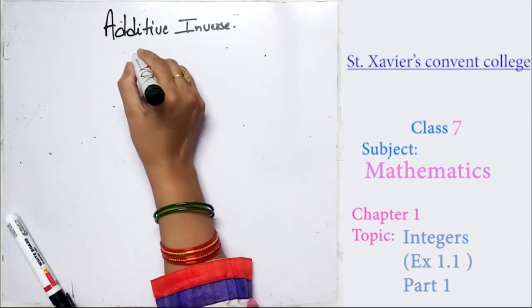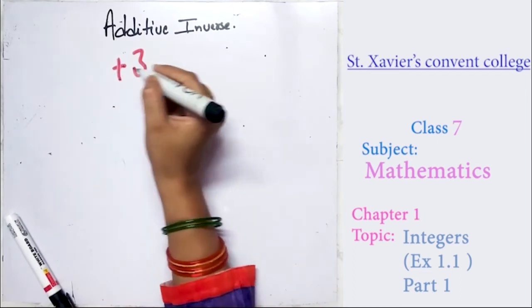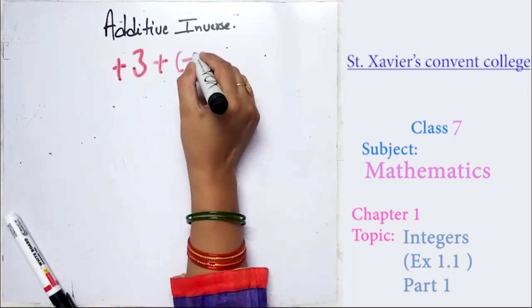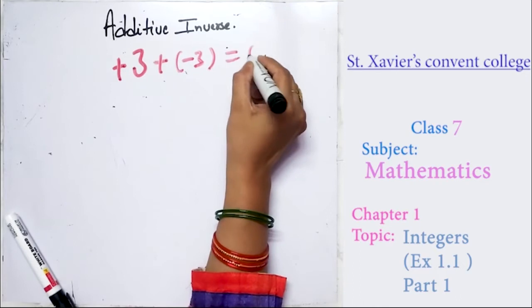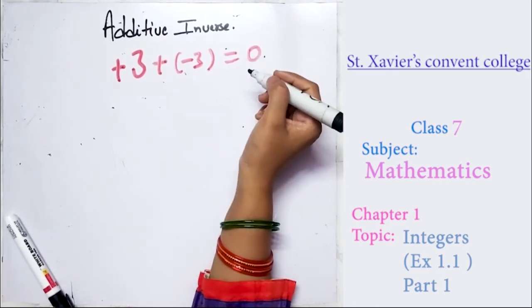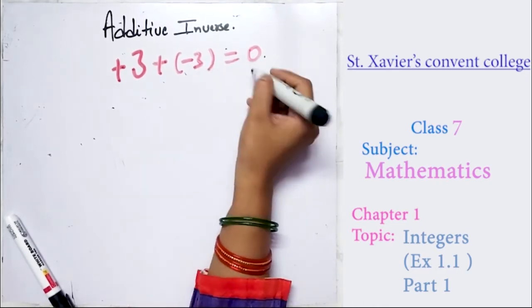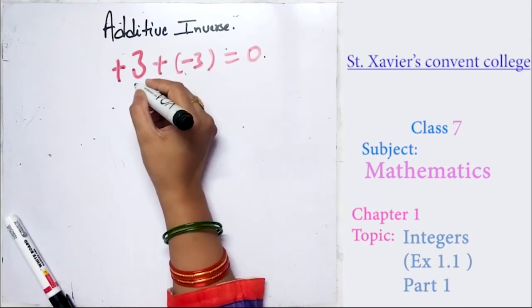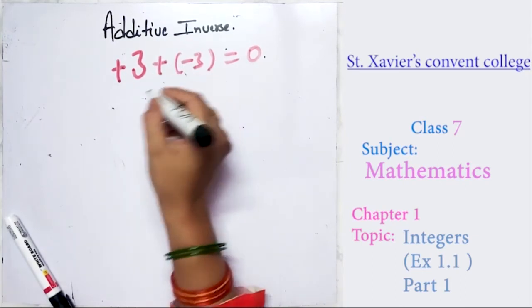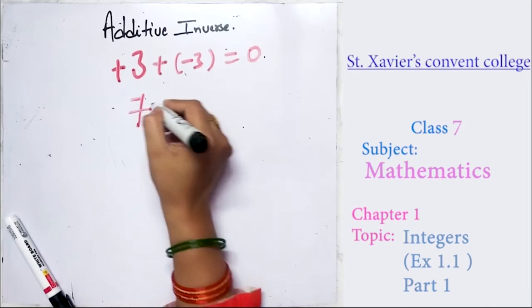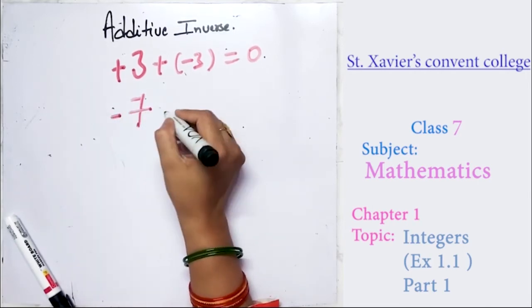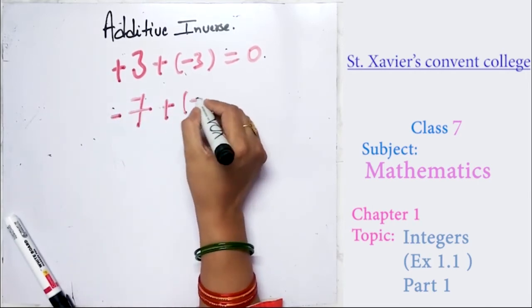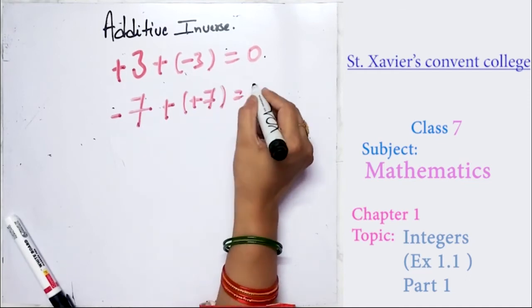For example, I have given you plus 3. If you add a minus 3 over here, you will get 0. Your job is to find the 0 element over here. So if I give you plus 3, you add minus 3. If I give you minus 7, what are you going to add? Plus 7, which will give you 0.